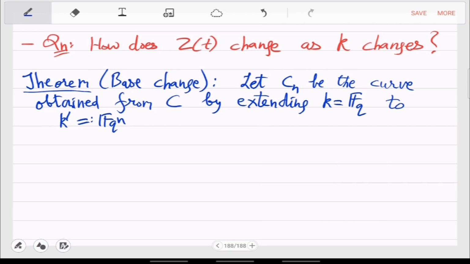So extend small k to small k prime. Remember that the curve has coefficients from the field of constants Fq. So it defines a curve over whatever field extension you want up to Fq bar. So you can just go to Fq square or Fq cube or whatever Fq to the n, and you will get these zeta functions which will be very different, right?